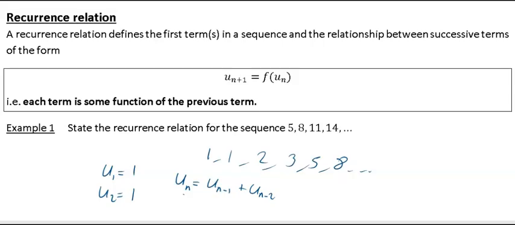That means to get my u3, my third term, it's going to be equal to u2 plus u1. So it's going to be 1 plus 1, so it's equal to 2. To get my u4, it's going to be equal to my u3 plus my u2. What was my u3? My u3 was 2, so 2 plus 1, so it's going to be equal to 3, and so on.